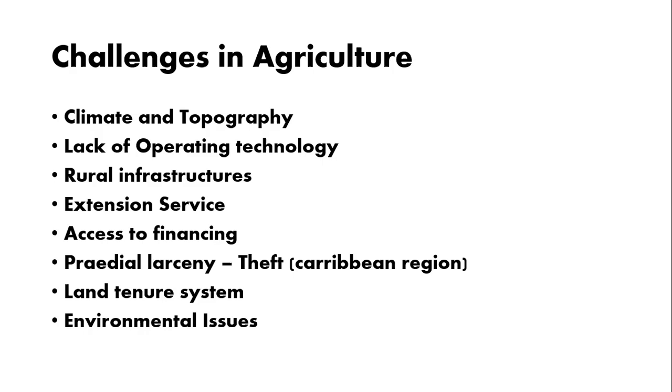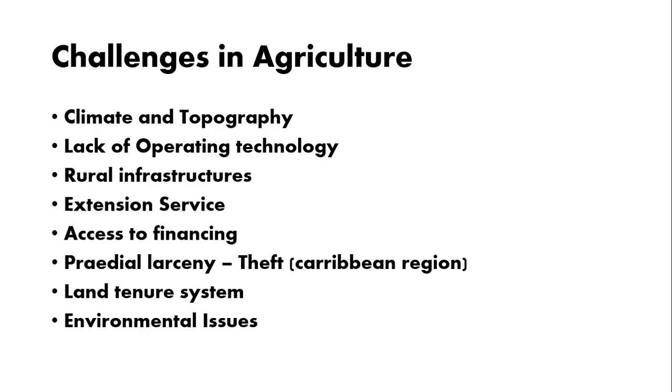These all encourage, or negatively impact, and create difficulties for farmers in fulfilling the requirements of the markets, which is called rural infrastructure. And the extension system, right? The challenge is that the current extension system is dominated by the government, not by the private sector.